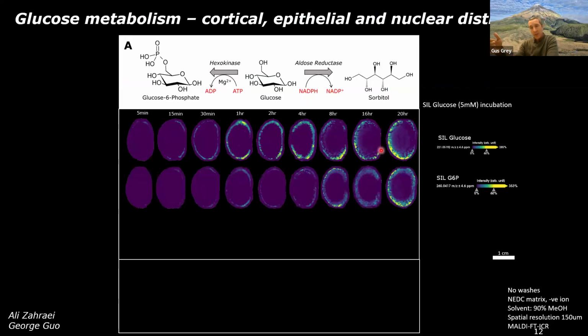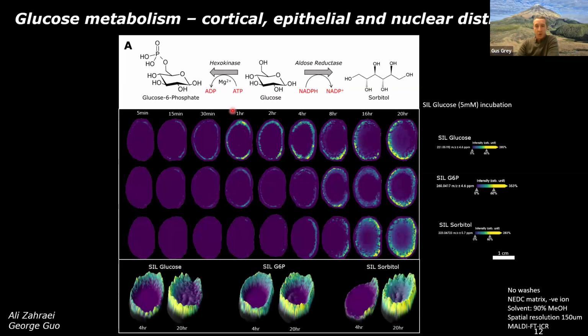We then look at a direct metabolite of the glucose. This is glucose 6-phosphate. It's a similar pattern that we see, although the pattern is shifted in time, and that makes sense because the glucose 6-phosphate is a downstream metabolite of that parent labeled glucose. And then we can also look at the sorbitol formation.